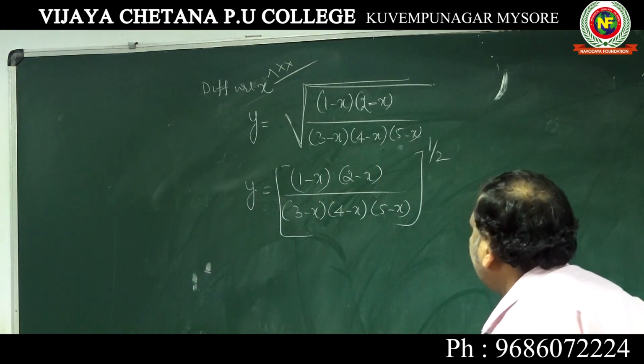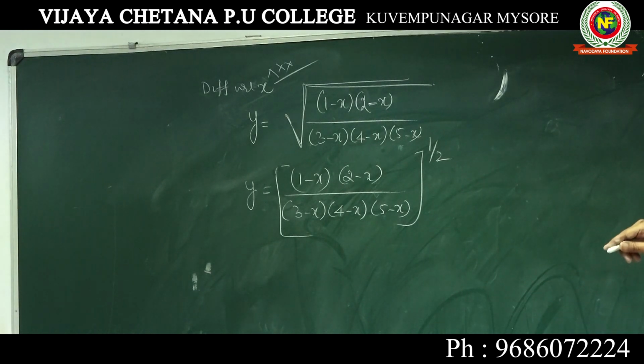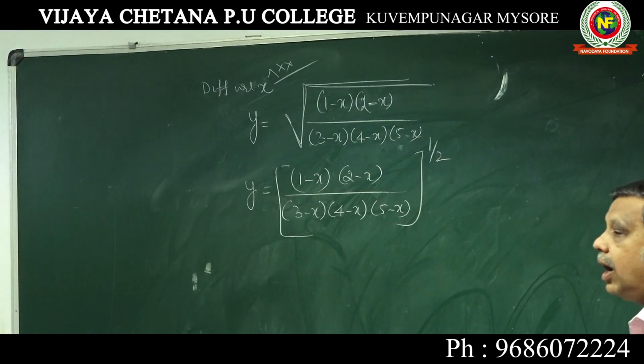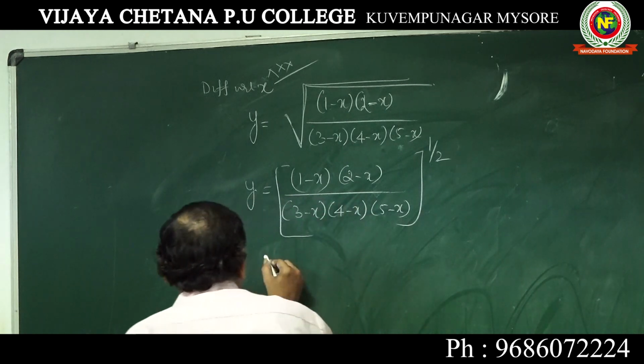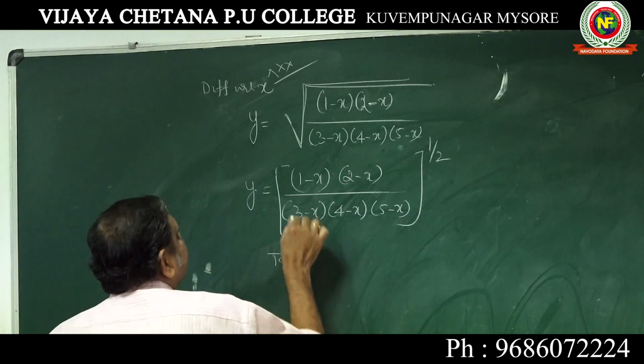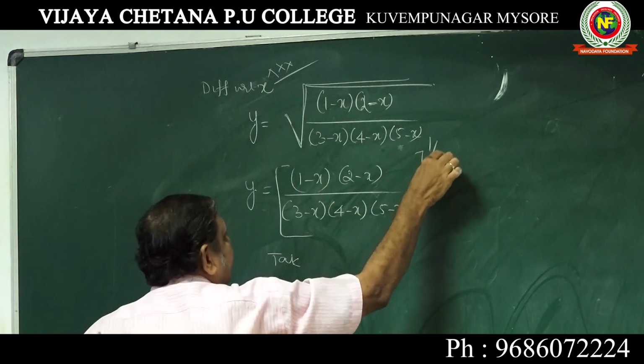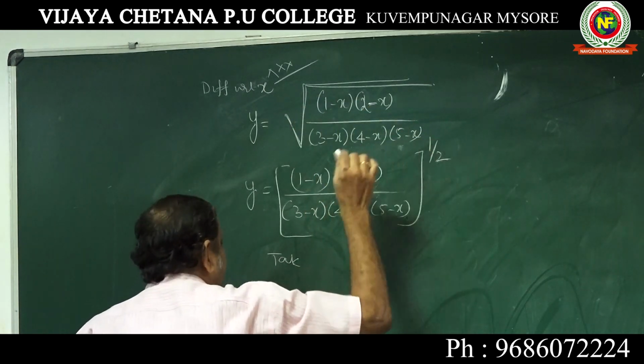Now y is (1−x)(2−x)(3−x)(4−x)(5−x) to the power of half, taking log both sides. The first thing is you should remove the square root sign, write like this. Suppose cube is there, 1 by 3.